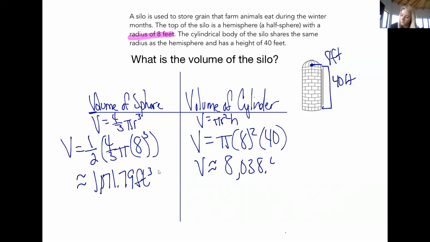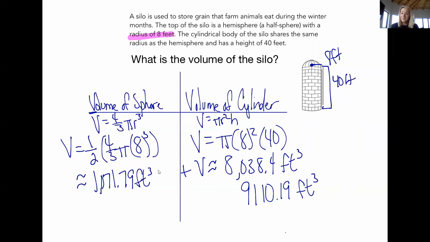And the volume of the cylinder is approximately 8,038.4 feet cubed. Now, in order to figure out the total volume of that silo, I want to add those two numbers together. And my total for that composite figure volume of the silo is 9,110.19 feet cubed.